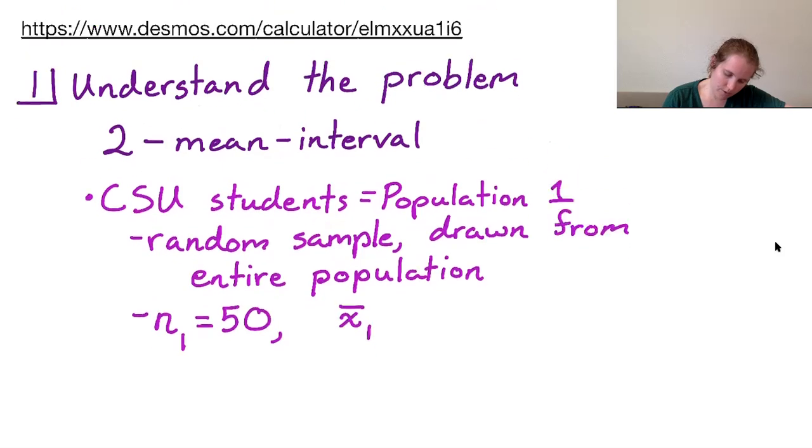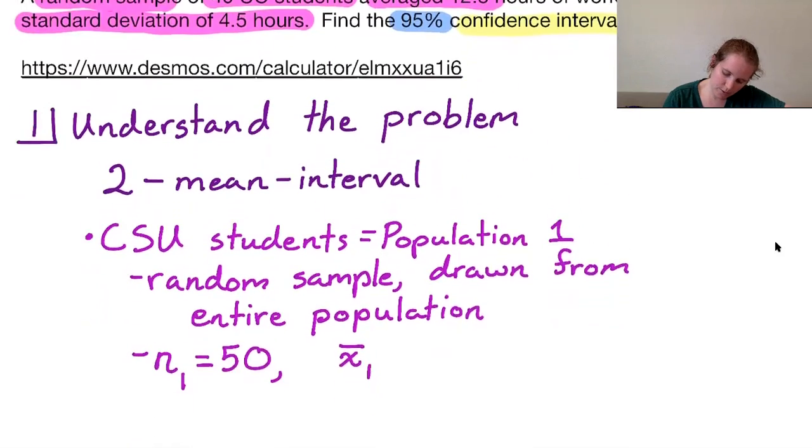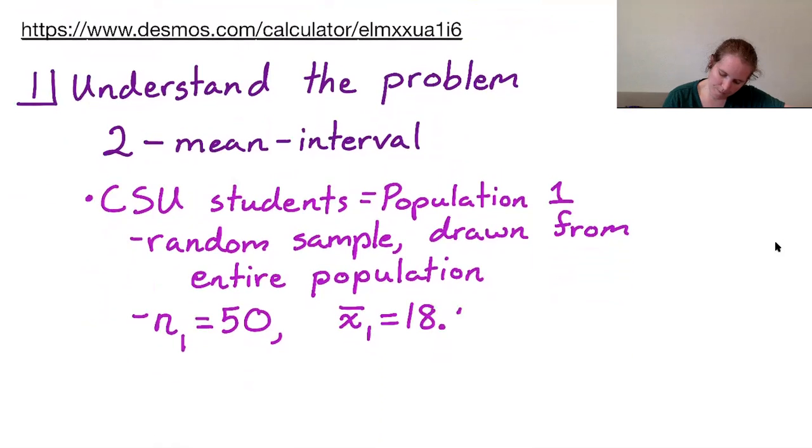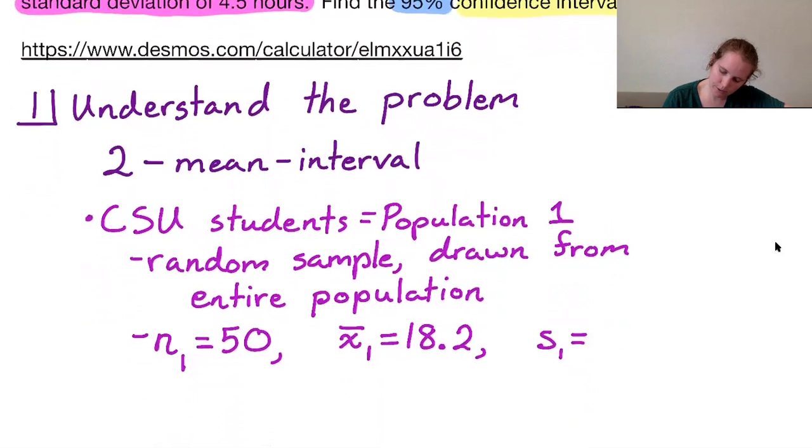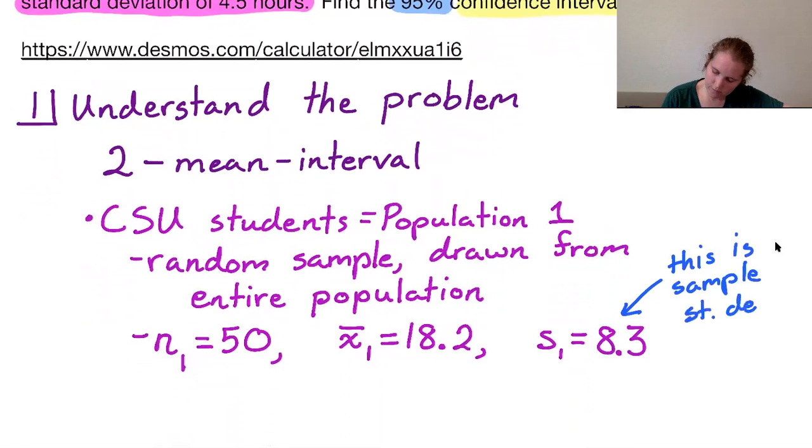X bar 1 is 18.2. And S1 was 8.3. So just a note here that this is sample standard deviation. So that tells us that we should use the t distribution.